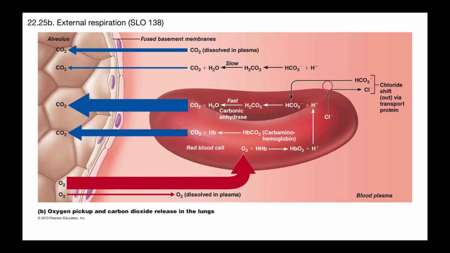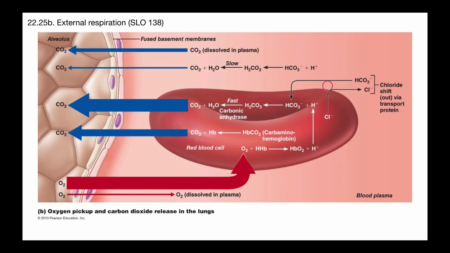For the carbon dioxide, again, there's the part that's dissolved in the plasma, so that's easy. There's the spontaneous way, because the partial pressure of carbon dioxide wants to leave the blood, so it'll end up reforming that carbonic acid, which then splits into carbon dioxide and water. So notice this is now a reversible reaction. All these arrows are moving in the opposite direction.